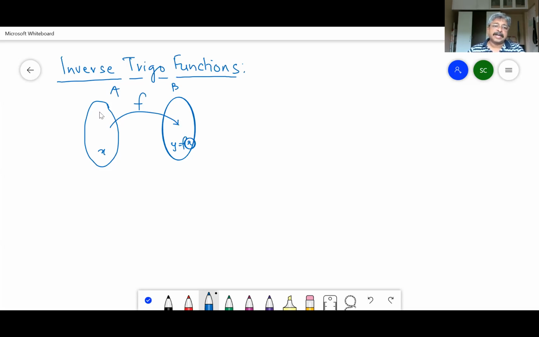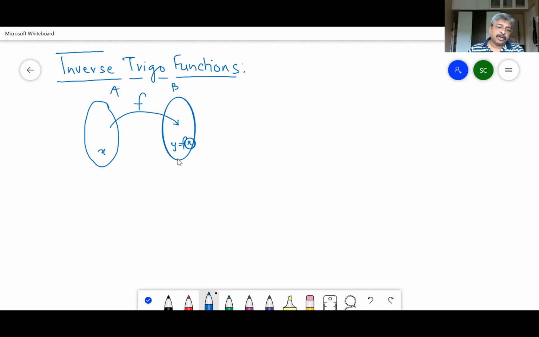It cannot happen that there are some elements in A which are not taking part in this function. Everybody must take part and produce an image which is in the codomain. Now we have already understood different types of functions: one-one, many-one, onto and into. One-one and many-one are essentially related to the domain, onto and into essentially related to the codomain.